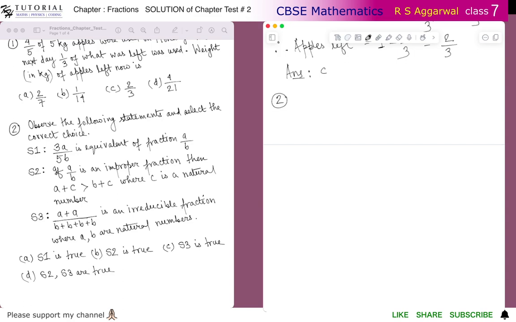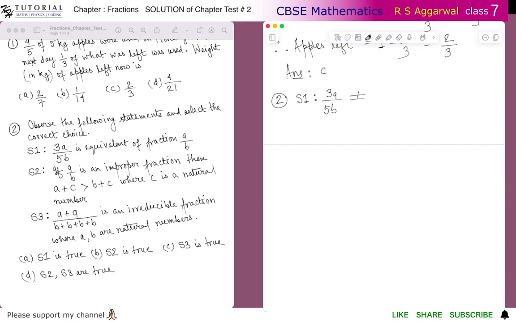Okay, so what does S1 say? S1 says that 3A divided by 5B is equivalent of fraction A by B. No, this is false.